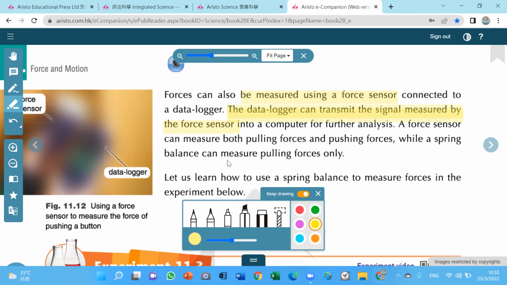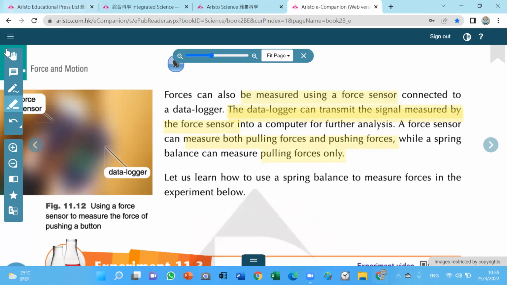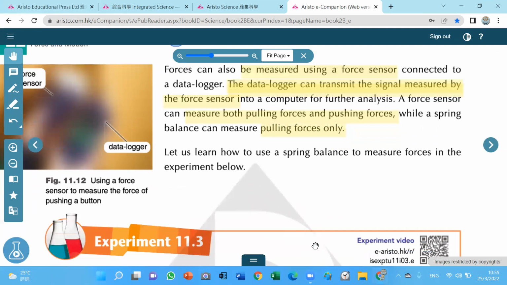So a force sensor can measure both pulling force and pushing force, while a spring balance can measure pulling force only. Okay, so let's learn how to use a spring balance to measure force in the experiment below.